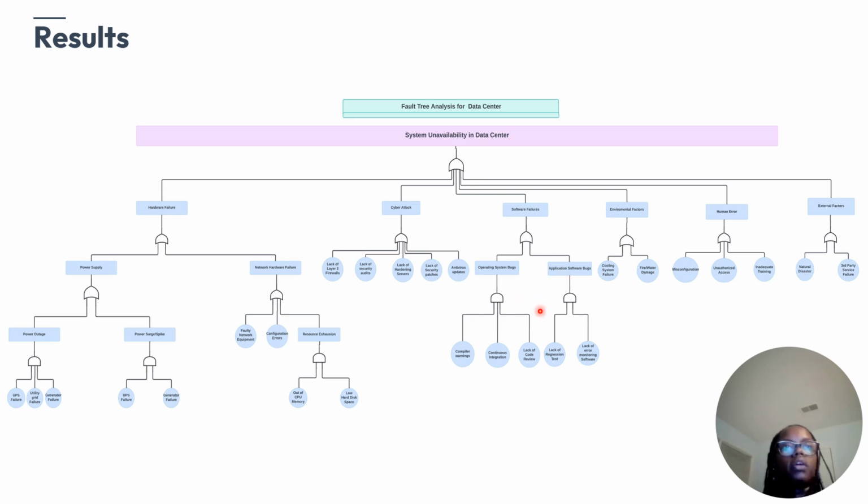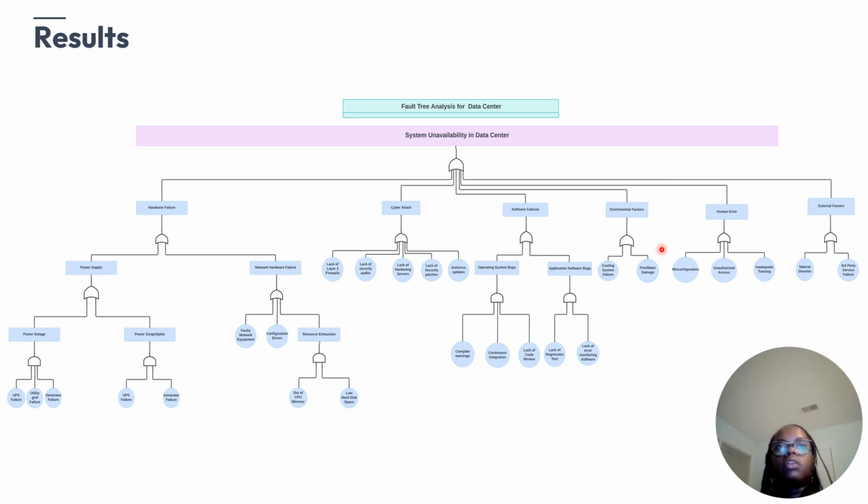Under the software failures, we had the compiler warnings, the lack of continuous integration, and lack of code reviews. Under the application software bugs was lack of regression and smoke testing, and having no monitoring software for errors.